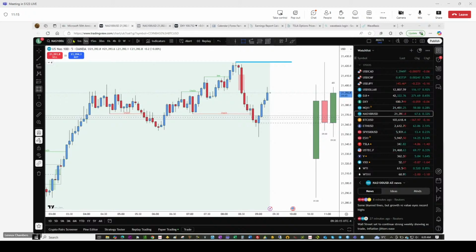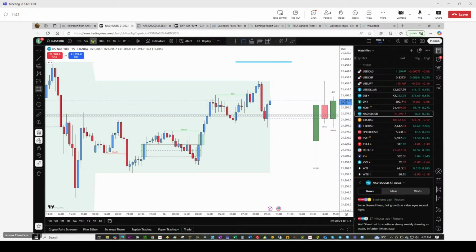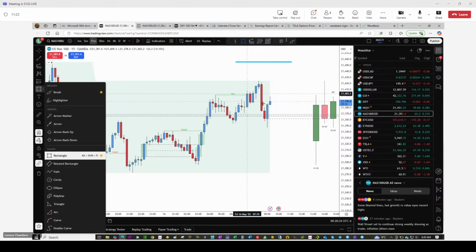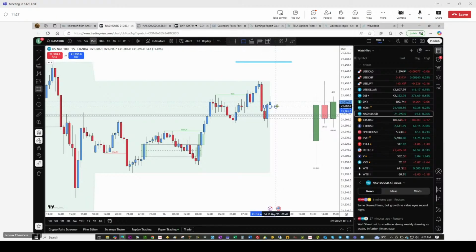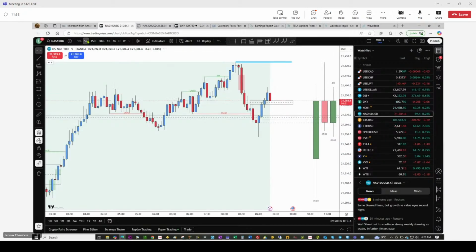Drop down to the 1-minute time frame. I'm going to go back to the 15 for 1 second. Okay, we could possibly get a gap here on the 15. There'll be another 10 minutes on that for this candle, so it might take a while. Might not occur.